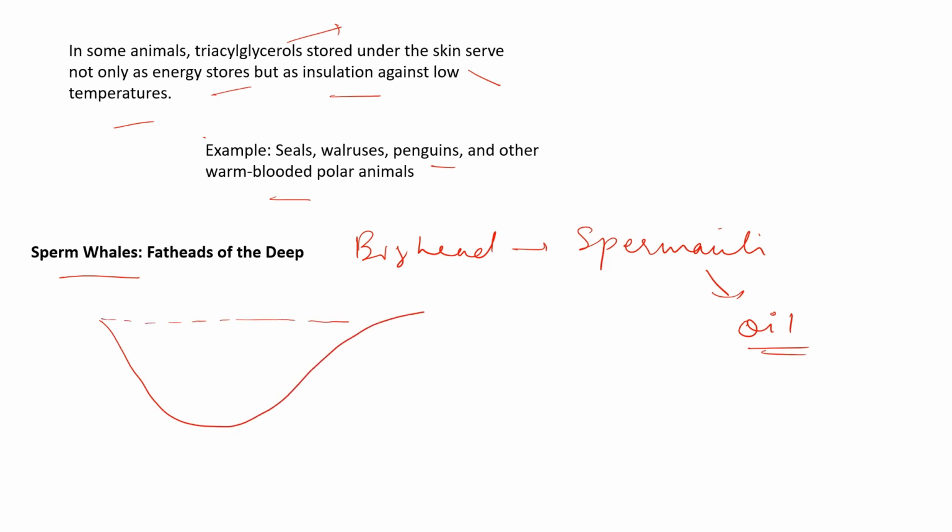When they are not eating, they are near the surface of the ocean. But when they want to feed, because they feed on squid, they have to dive deep, maybe 1000 meters or even 3000 meters deep. So they have to dive so deep in the ocean to get their food.